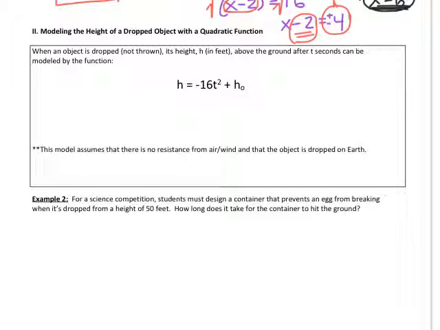Okay, let's get into the modeling of dropped objects. This is the equation that we're going to use as a standard equation. When you drop an object, it can't be thrown, it has to be dropped, from a height h above the ground, and after t seconds, notice that t is squared, it can be modeled by this function.